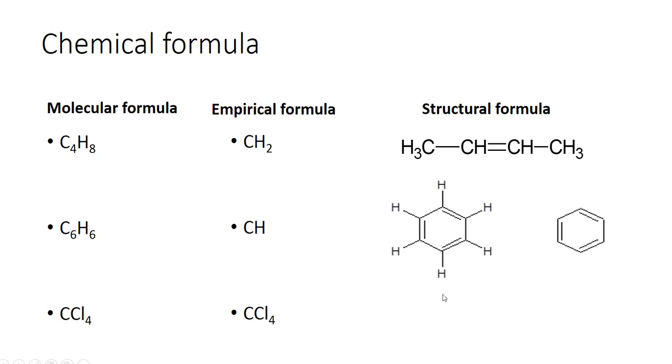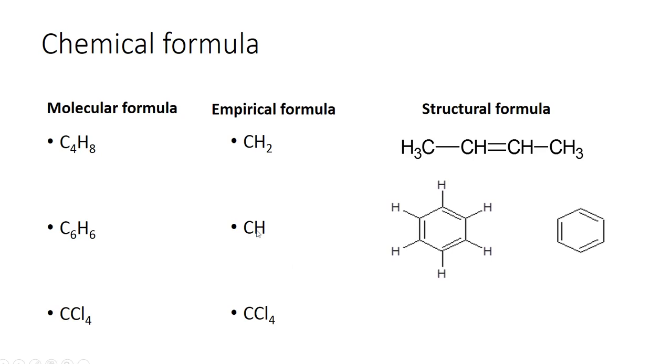So this is an example. This is a molecular formula giving you the actual number of elements in each molecule. So we have 4 carbons here, 8 hydrogens. Now the empirical formula will give you the smallest ratio, 1 to 2. This one we have 6 carbons, 6 hydrogens.